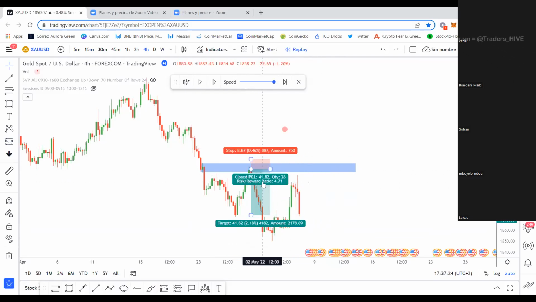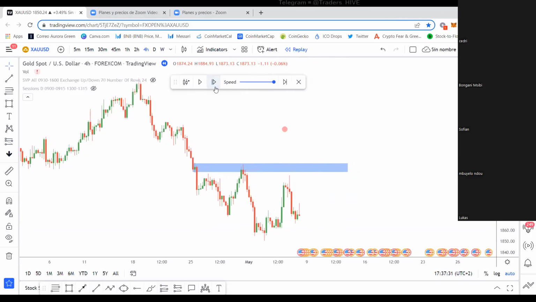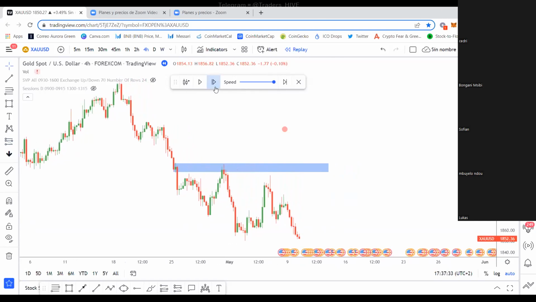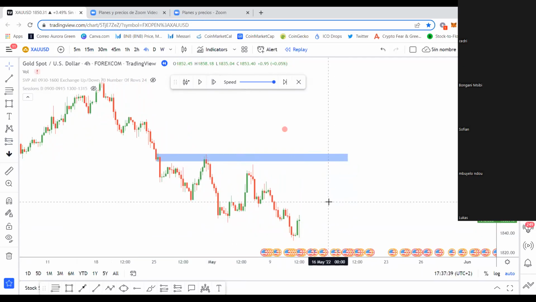So right now, for me, following my criteria, this is not a fresh zone anymore. Maybe the next time price reaches this area, it will break out, okay? So this is not a fresh zone anymore as it has already been tested, okay?